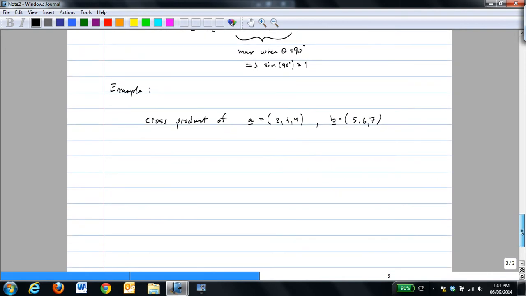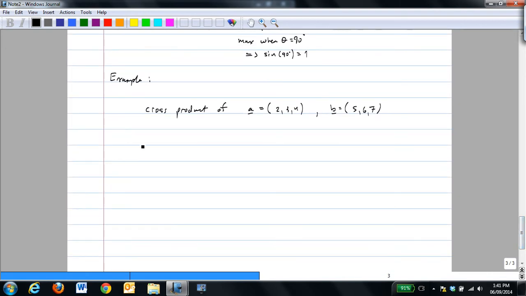Okay, so to find the cross product A cross B, what I do is set up a determinant, which all of you should have seen in linear algebra. So I set up this determinant here, and then I write 2, 3, 4. These are the components of our A vector. And then 5, 6, 7. These are the components of our B vector.